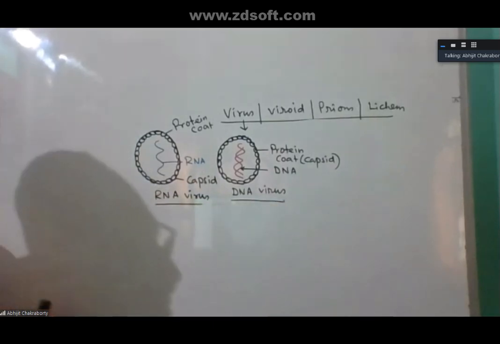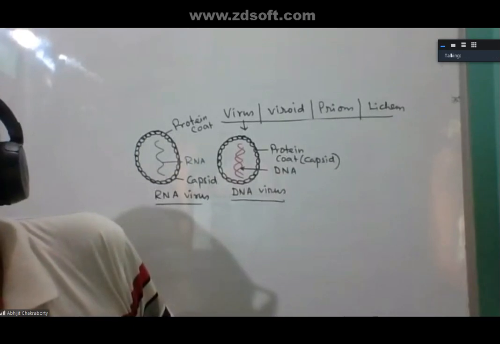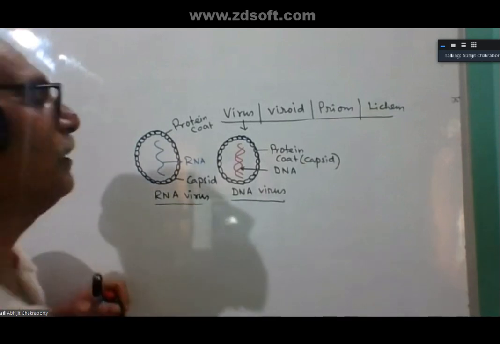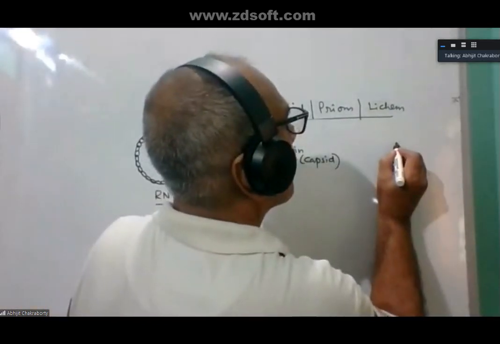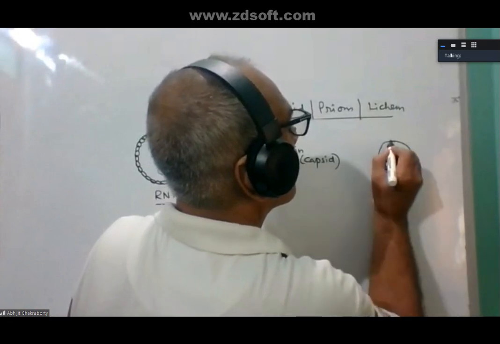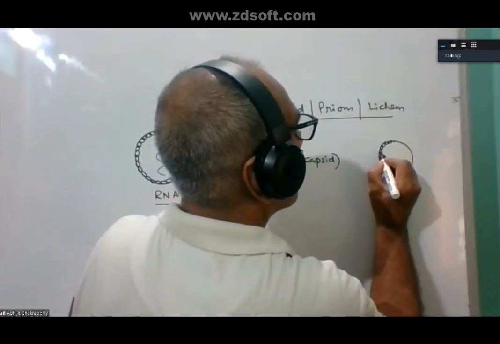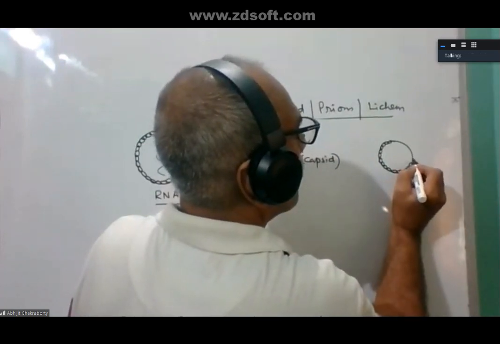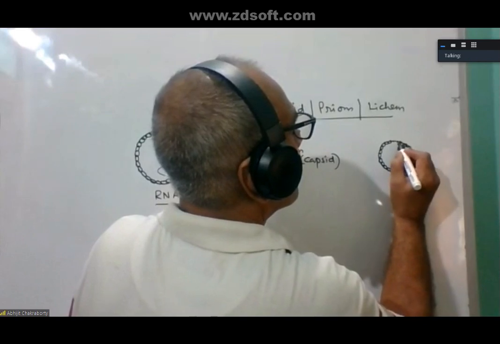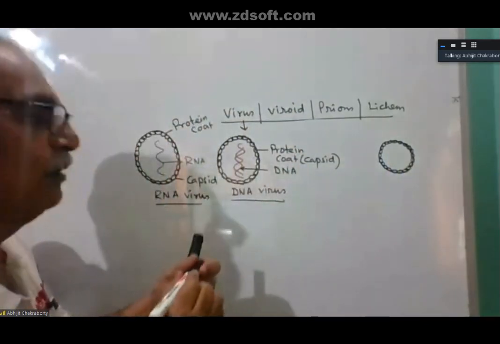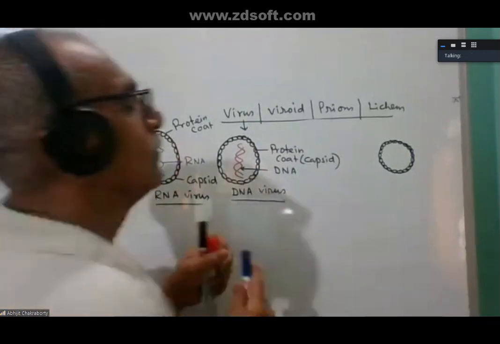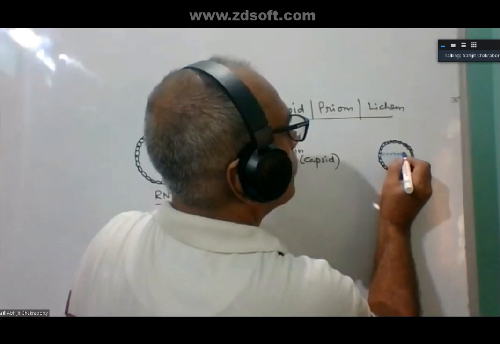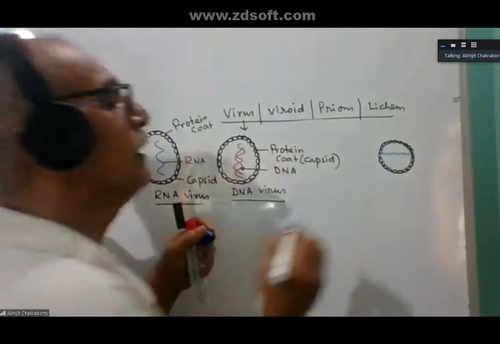But in some RNA viruses, so in case of influenza virus, this is the protein coat. You will get 1, 2, 3, 4, 5, 6, 7, 8 RNA segments.